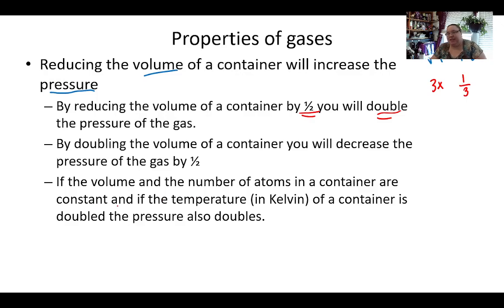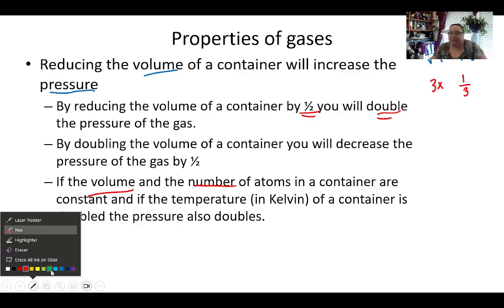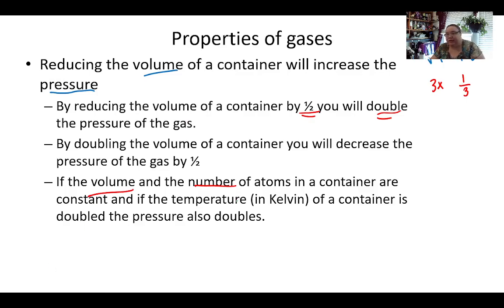Now, note that if the volume and the number of atoms are constant, so I'm not changing the volume, I've got a rigid container, and I'm not adding more gas, then pressure is related to temperature. In fact, pressure is directly related to temperature. So if we double the temperature, and the temperature must be in Kelvin, we're also going to double the pressure.